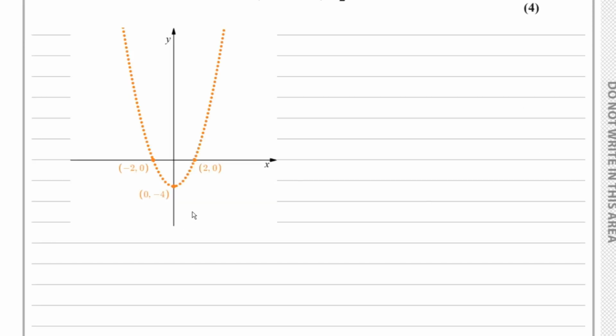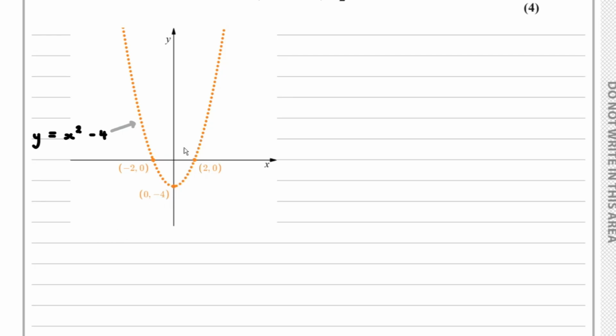So to begin with, here we've got the graph of y equals x squared subtract 4. It crosses the x-axis at -2, 0 and 2, 0, and it crosses the y-axis, which is our vertex, at 0, -4.